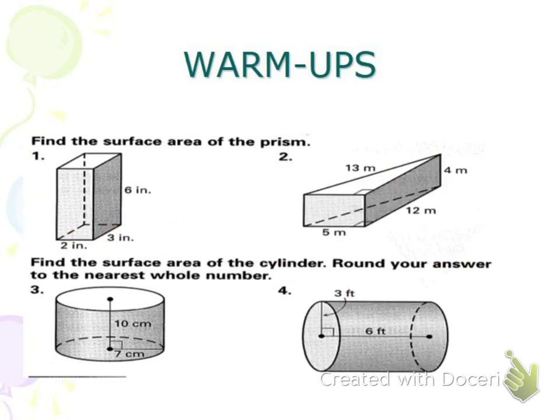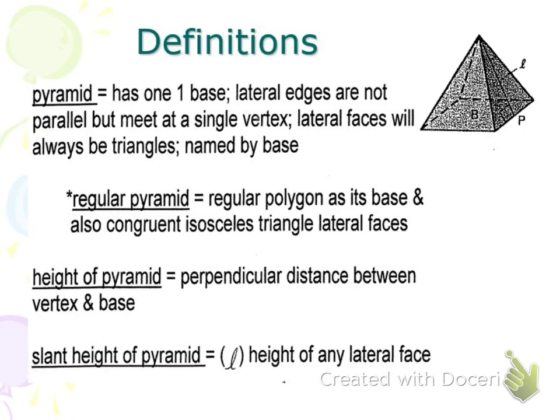All right, let's jump into our definitions for today. For our definitions today, a pyramid has one base. That's nothing new to us. The lateral edges are not parallel, but they do meet at a single vertex.